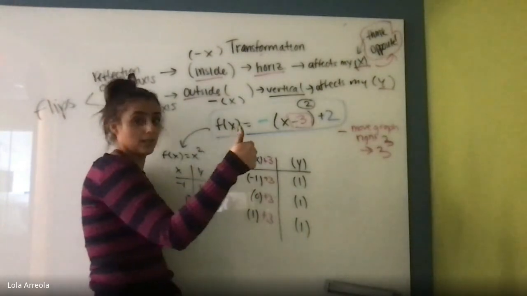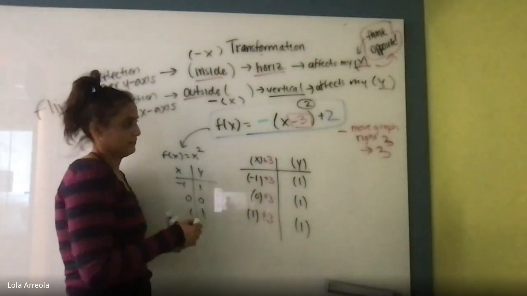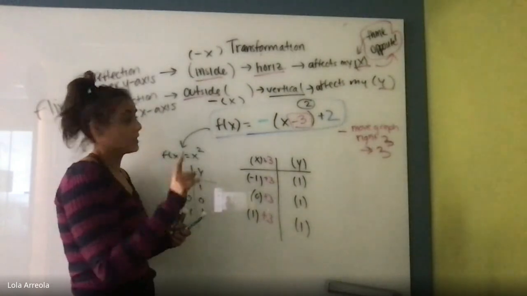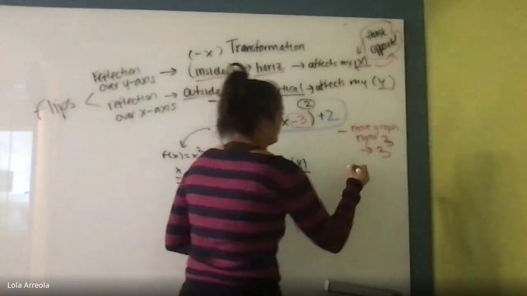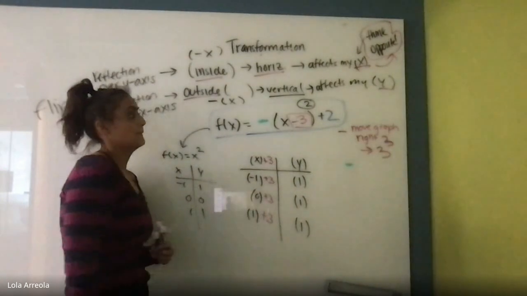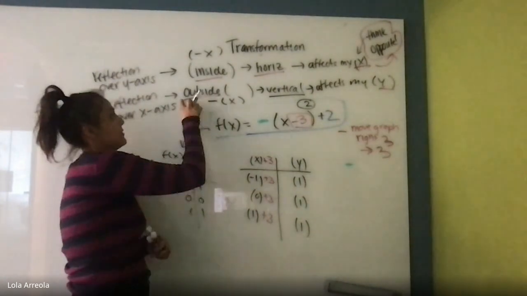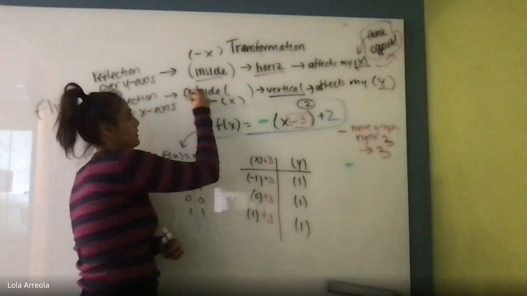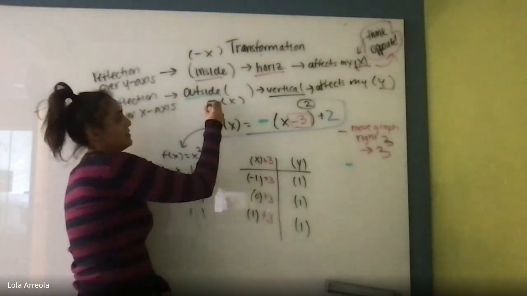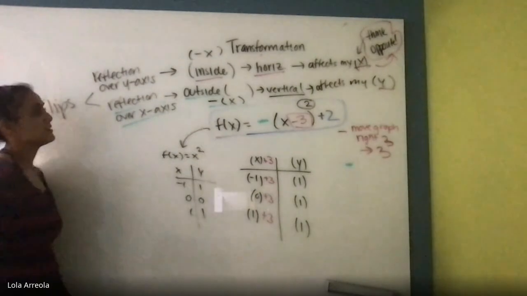So that's the first thing I look for. The second thing I look for is reflection. We're skipping the shrink and stretch. The second thing we look for is reflection. So what is this saying? Is it inside or outside my parentheses? Okay, this time it's outside my parentheses. I have this scenario. So I have reflection over my x-axis.